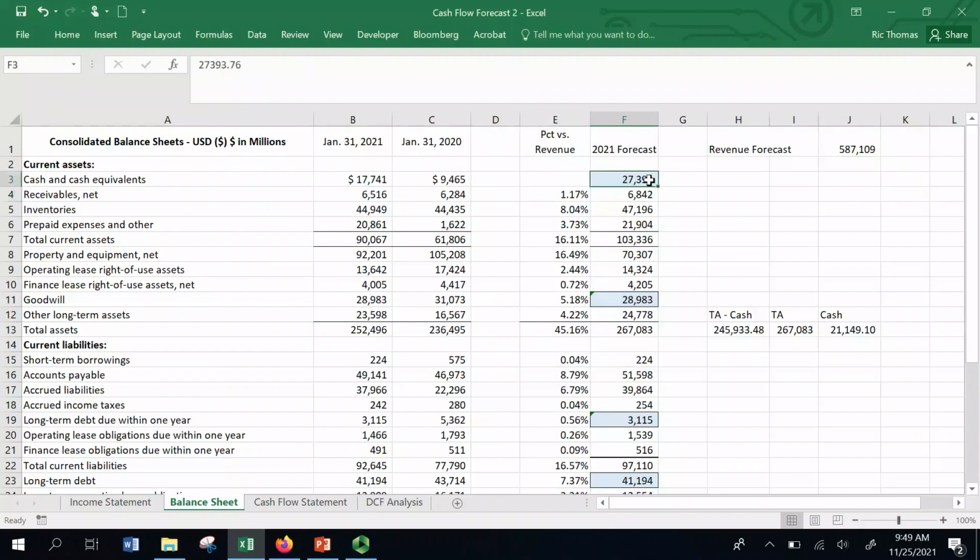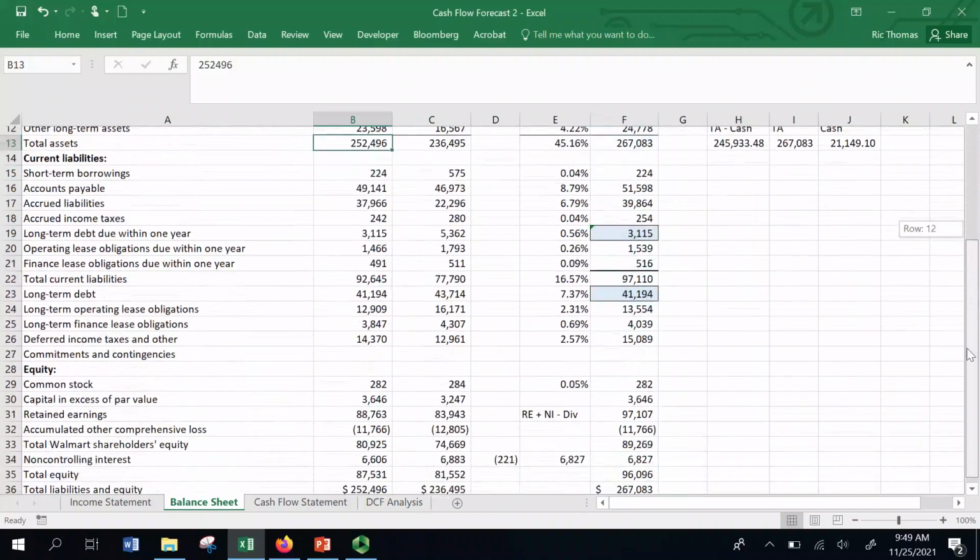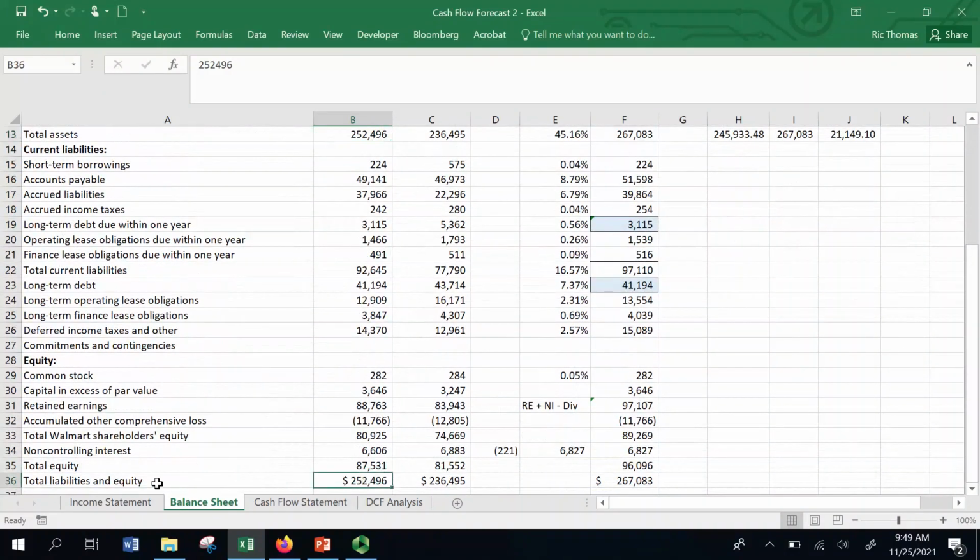The reason I've got cash in blue, by the way, is cash is the last thing I'm going to forecast when I forecast the balance sheet. And why is that? Well, cash is going to be the plug that makes assets, you can see assets at 252 here in 2020, equal liabilities plus equity.